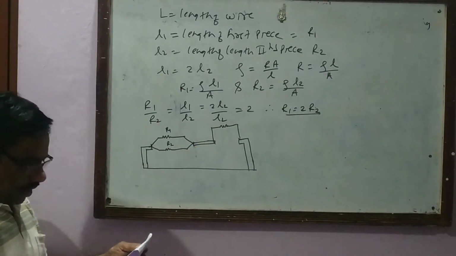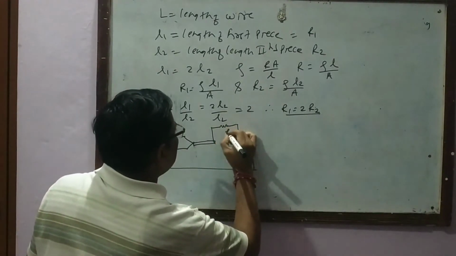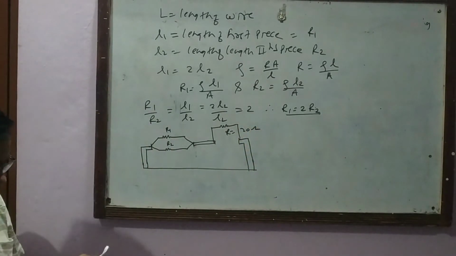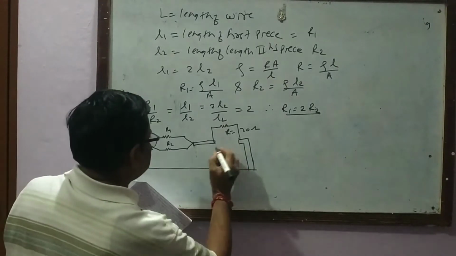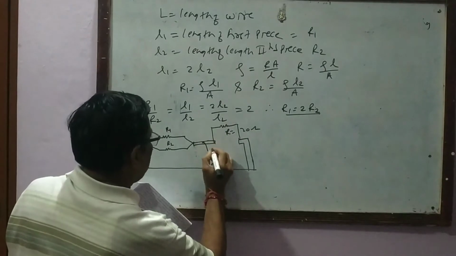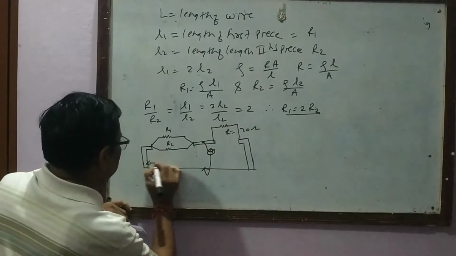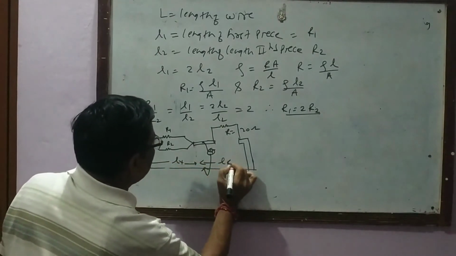And what is the resistance? The resistance R, that is 20 ohm, is connected in the right gap, and therefore the null point is obtained 60 cm from the right end. This is the galvanometer, connected to the jockey, and this length is, say, Lx, and this length is Lr.